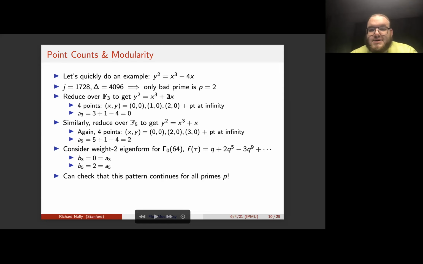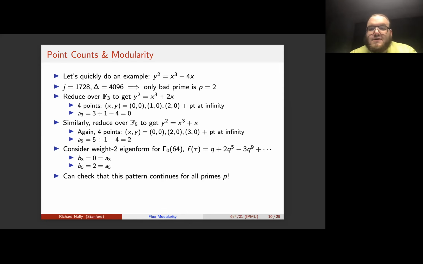Like when x equals 0, the right-hand side is 0, and when y equals 0, the left-hand side is 0. Similarly, when x equals 1, 1 cubed is 1, 2 times 1 is 1, this is 3, and 3 is 0, so y is 0 and we have a point on the curve, and so on. So a₃ is p + 1 minus the number of points over F3, so it's 3 + 1 − 4, which is 0.